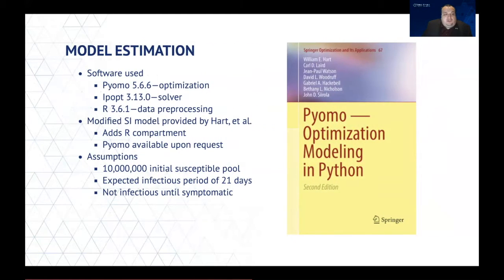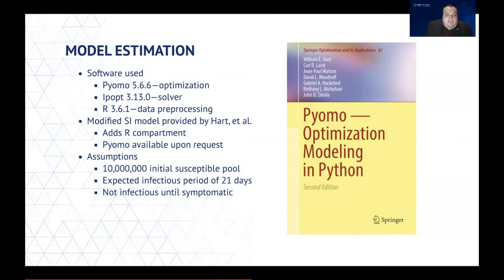For this estimation, we use Pyomo 5.6.6 as an optimization platform, the IPOPT 3.13.0 solver, and then we do some post-data processing in R 3.6.1. We use the modified SI model provided by Hart in his book on Pyomo, which shows how to calculate these models.